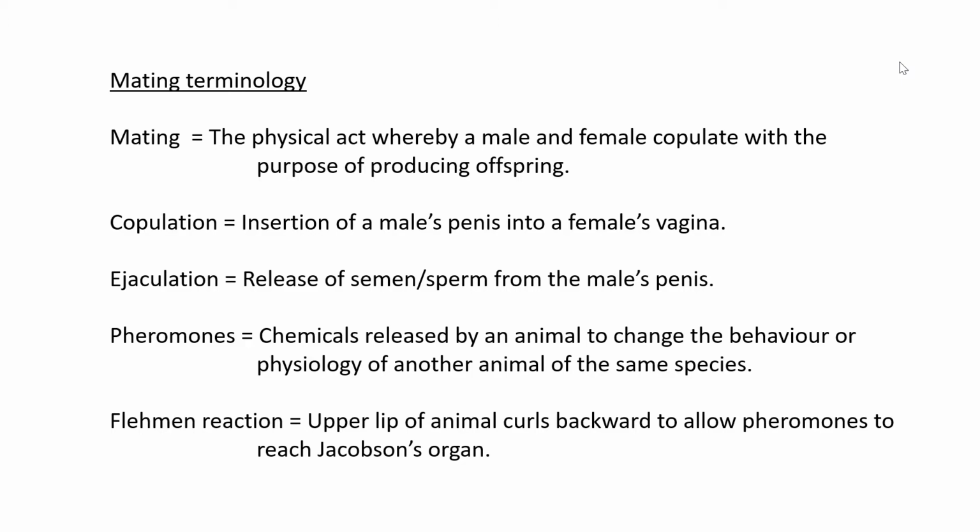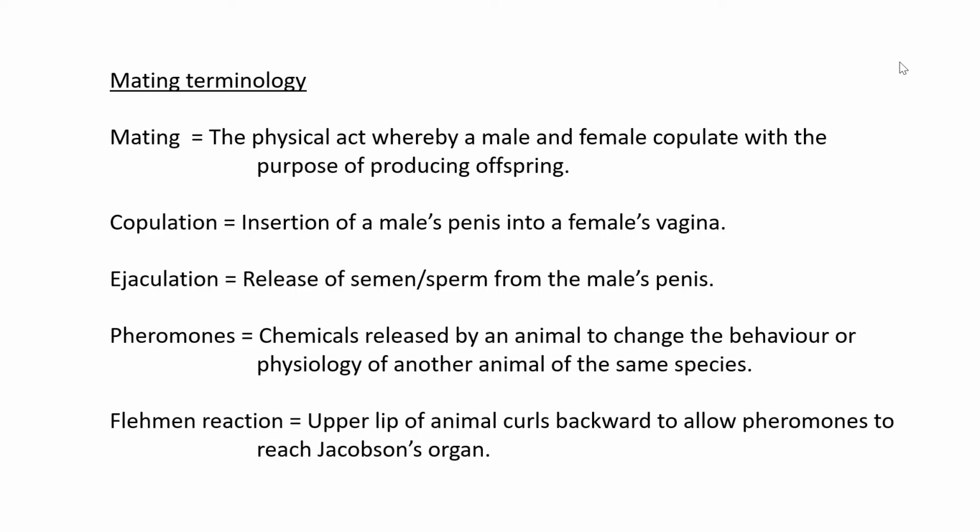I think I did show you a picture in one of the previous lessons of a bull, where the upper lip of the bull curls backward to allow these pheromones to reach inside the bull's nose. Inside the nose, they have a specific organ called the Jacobson's organ, and this organ allows the bull to take in the scent of these chemicals.